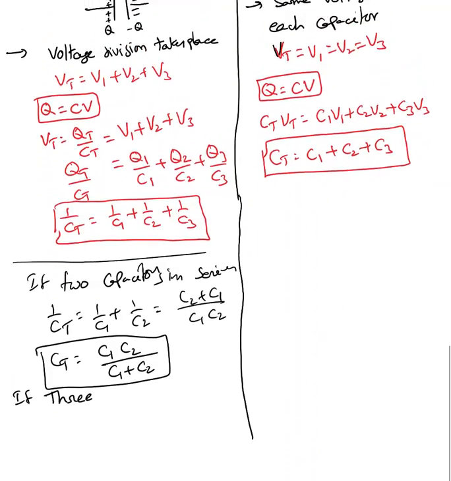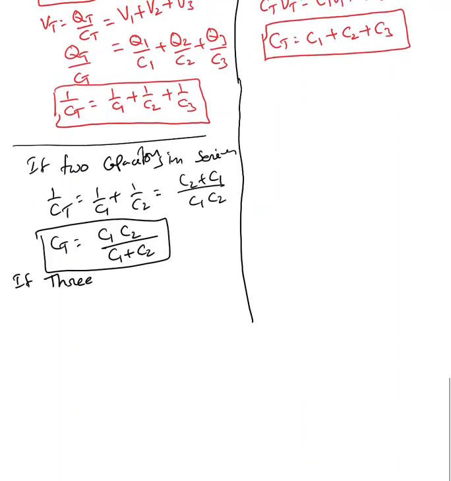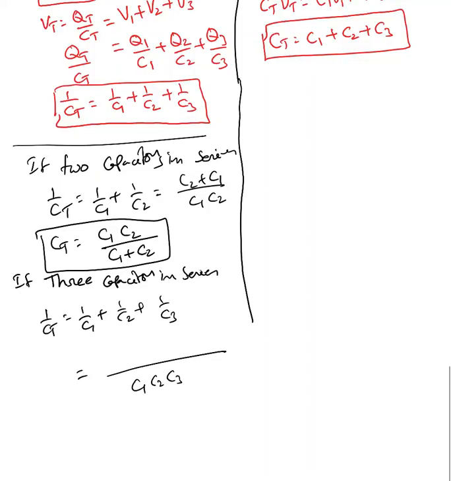If three capacitors are in series, then 1 over C total equals 1 over C1 plus 1 over C2 plus 1 over C3. So the common factor is C1 C2 C3. So 1 over C total is going to be C2 C3 plus C1 C3 plus C1 C2 over C1 C2 C3.